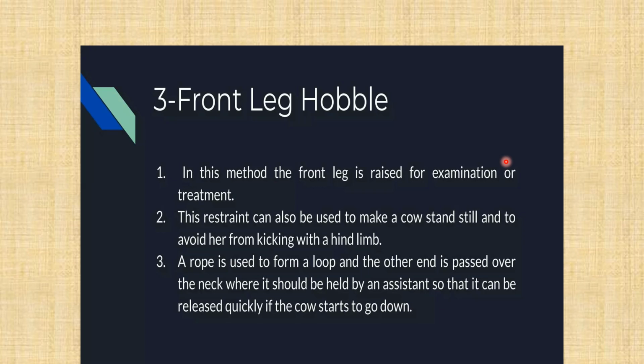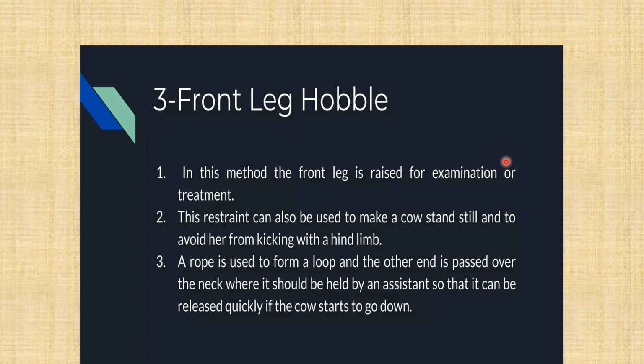So the rope has been used from the ancient era. Still, it is there because with it we have much easier techniques. In this method, the front leg is raised for examination, maybe for foot and mouth disease or foot rot, etc. In such a situation, one needs to examine the animal and sometimes put on a bandage.